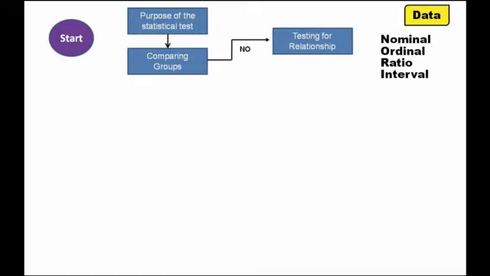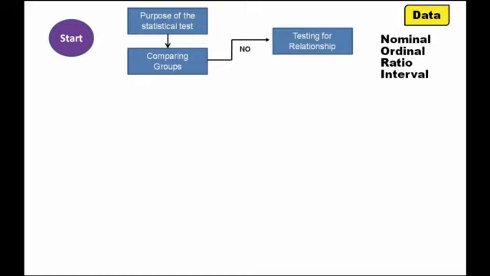Ratio. When we talk about ratio, we talk about a type of numerical value which is general in its meaning. Ibig sabihin, absolute. For example, height, weight. Yan.